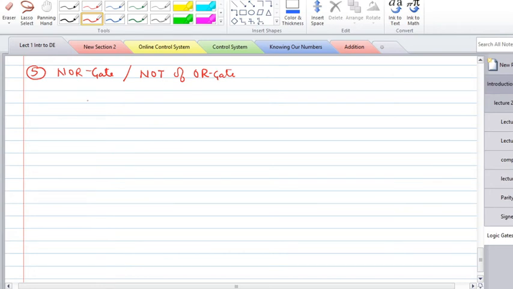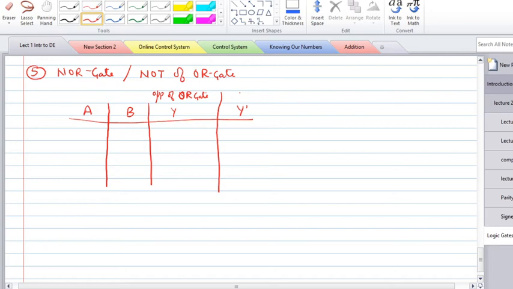That is, suppose your two input OR gate consists of A and B as the input and Y, where Y is the output of the OR gate, and Y dash, where Y dash is the output of the NOR gate.